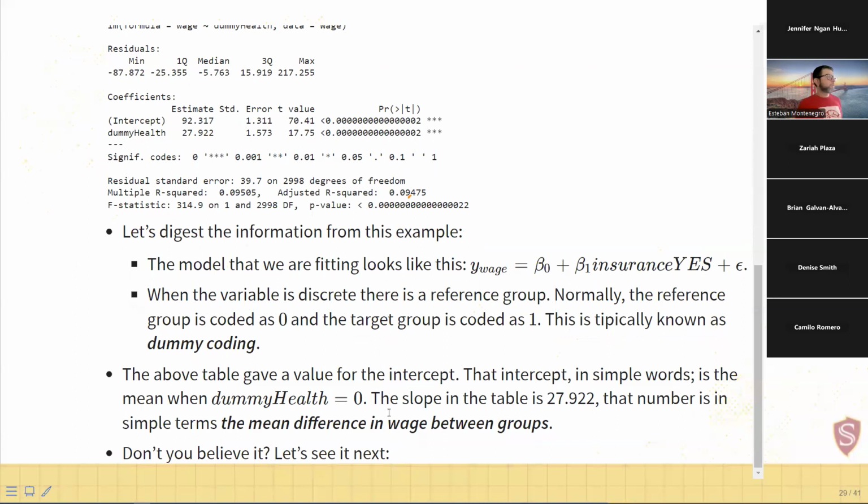Perfect. So the model that we just fit looks like this. We have a y variable, which is wage. We have an intercept, and we have a slope, which is beta sub 1, right? The value for beta sub 1 is 27.92, and the value for the intercept is 92.32, right?